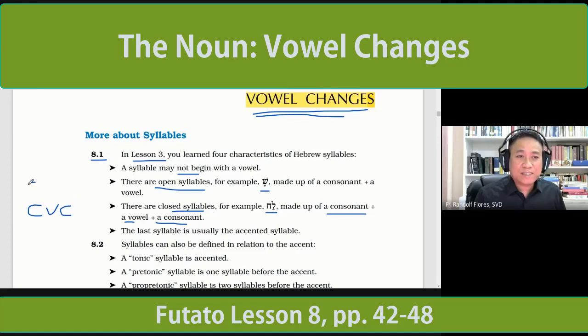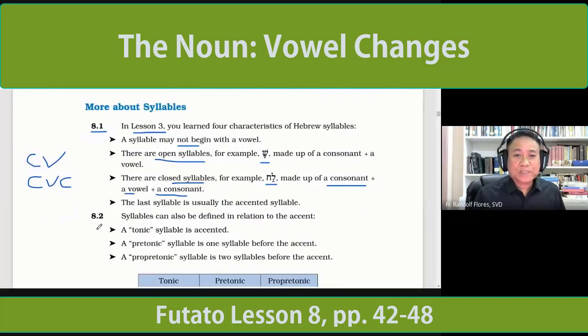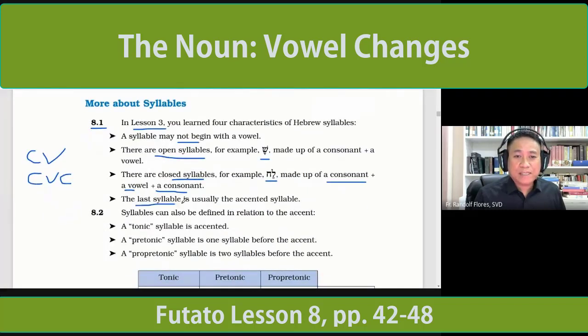The other one is C, V. C, V is consonant, vowel. C, V, C is consonant, vowel, consonant. Consonant, vowel is an open syllable. The consonant, vowel, consonant is a closed syllable. And the last syllable is usually the accented syllable, the one that you give a stress or emphasis.